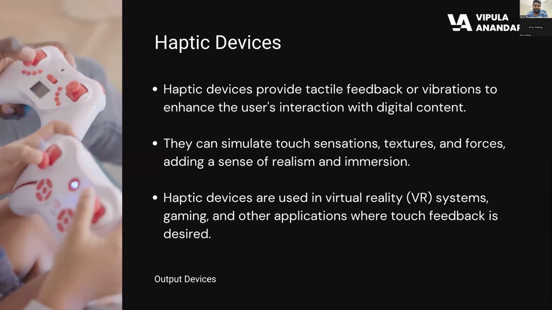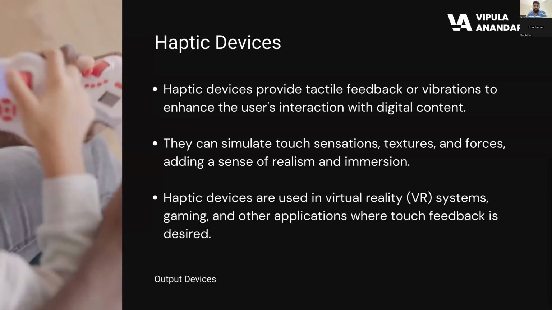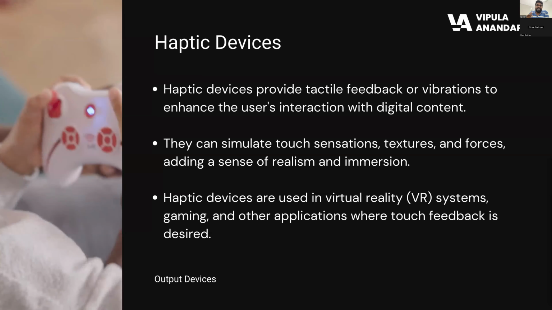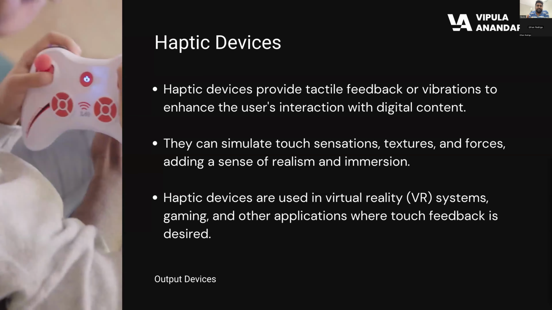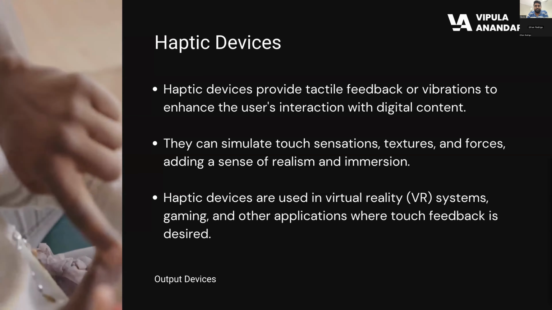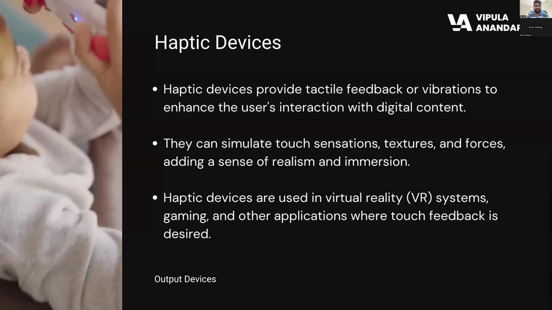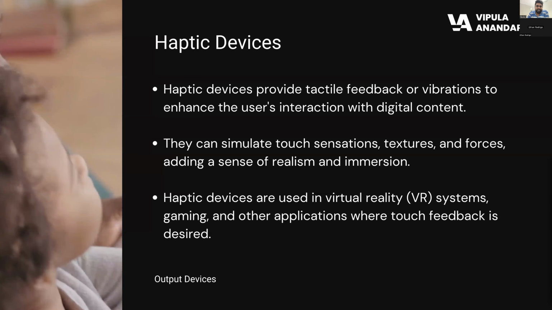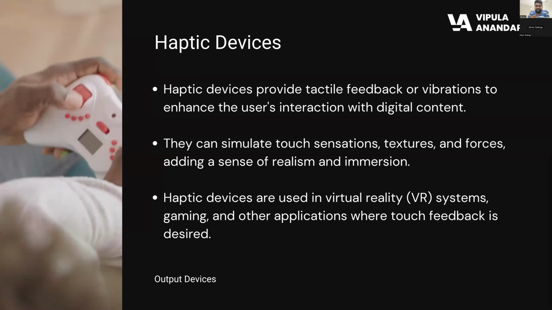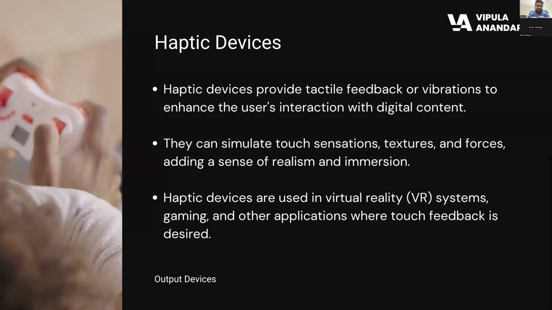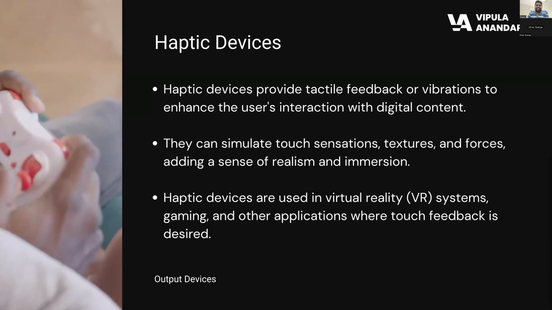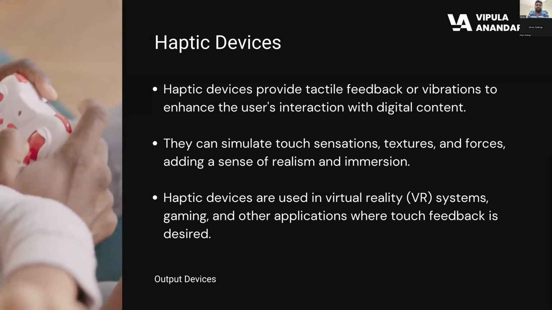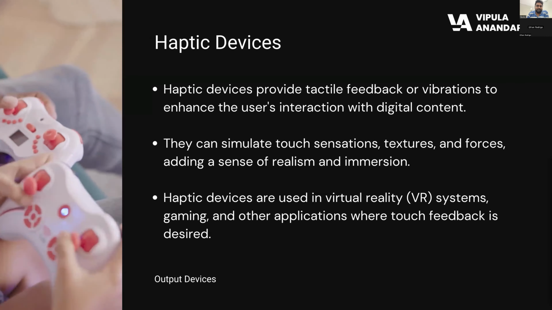When you're playing a game and you get hit by someone, let's say you're playing a car game or a fighting game, when you take a punch, automatically the controller starts vibrating so that it gives you tactile feedback with the vibration, so that you can understand how something happened.